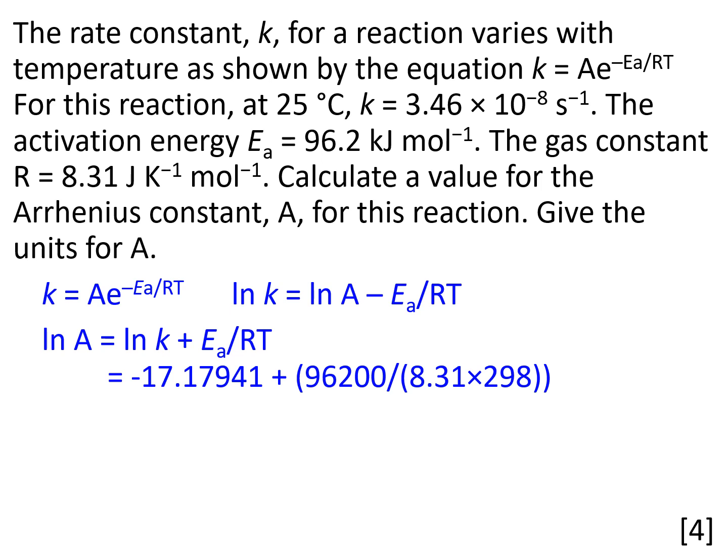And finally, T I've converted into Kelvin, so 25 degrees Celsius becomes 298 Kelvin. That gave me the answer of 21.667 for ln A. So to do the inverse function of that, I find out that A is 2.57 times 10 to the power of 9.